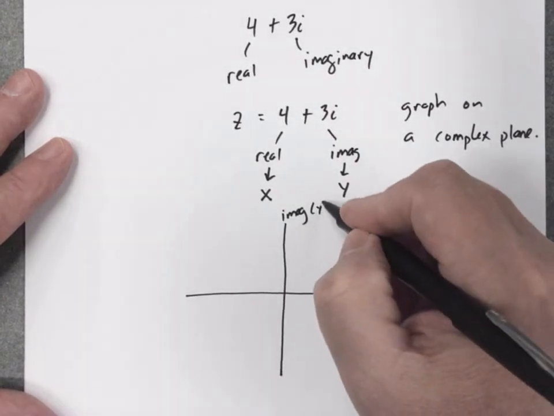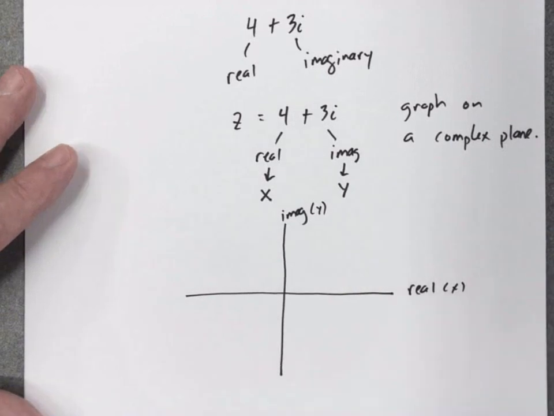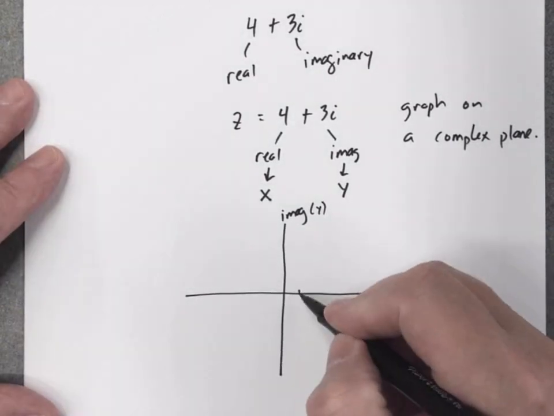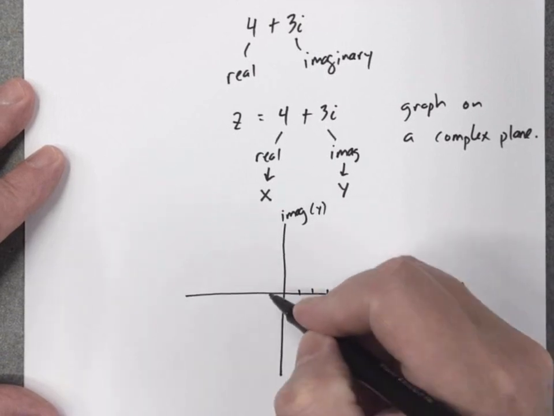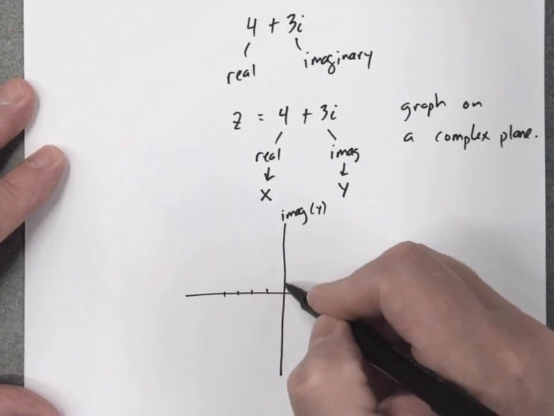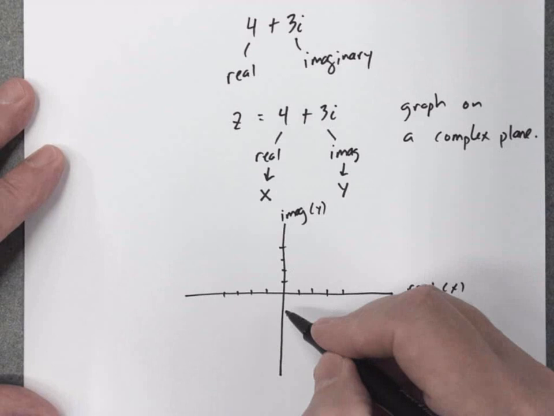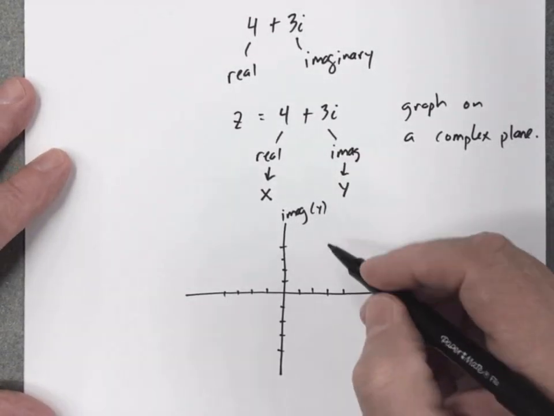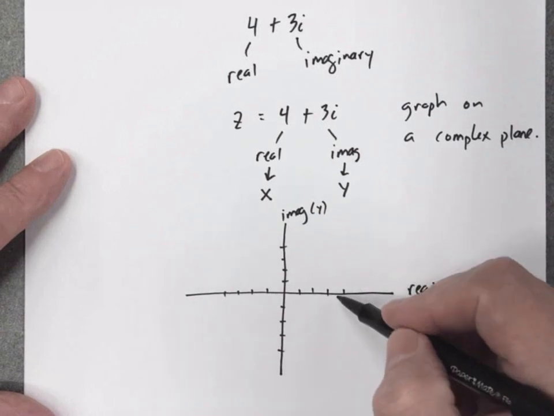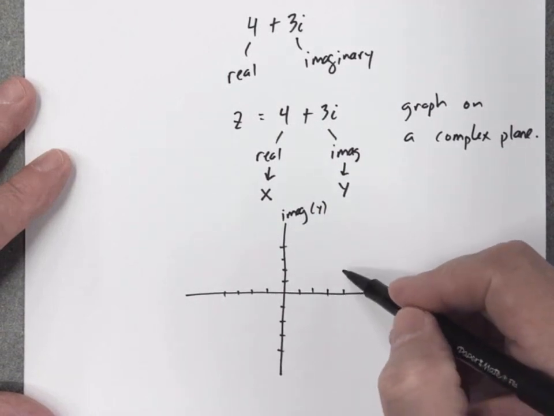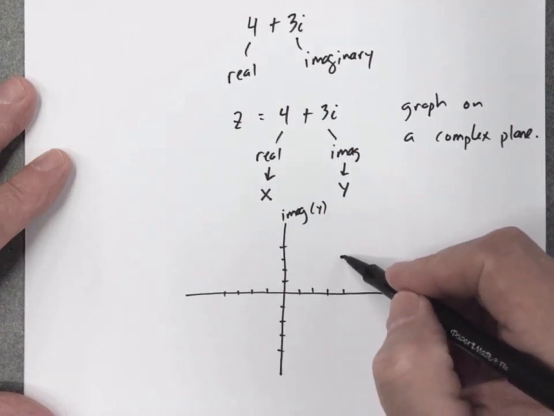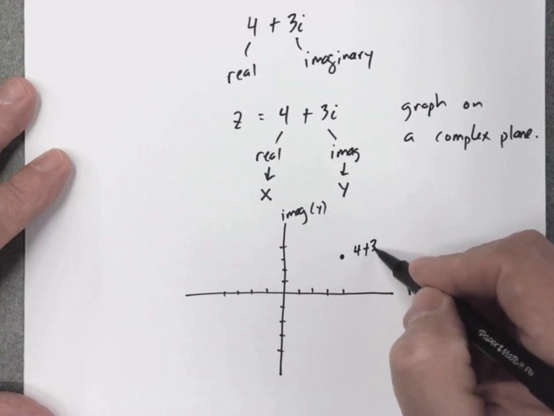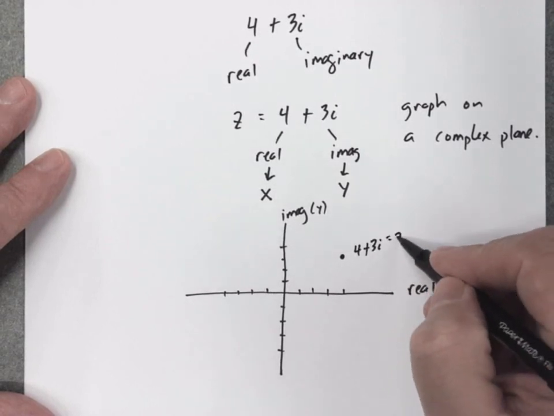But really, you can still think of it as the x and y axis. So 4 plus 3i, 4 on the real axis and 3 on the imaginary axis. So this point here represents 4 plus 3i. We can call it z.